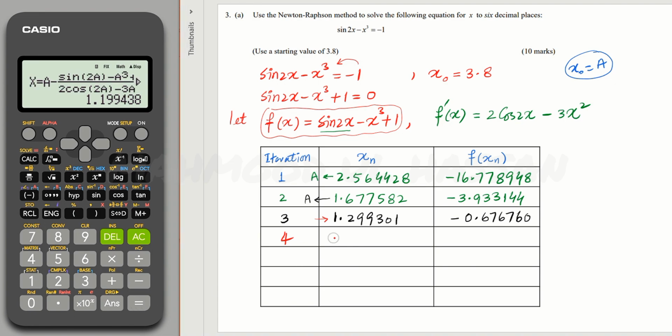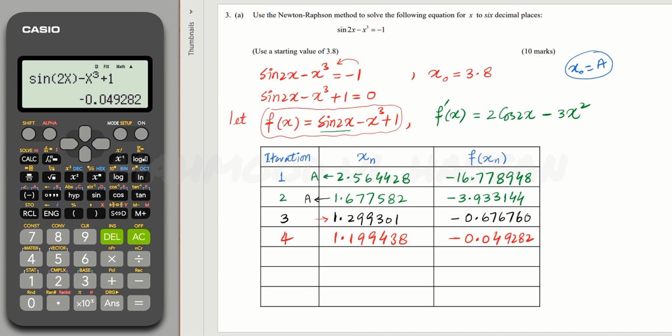So you got 1.199438, and then press again the equal button. You got minus 0.049282.